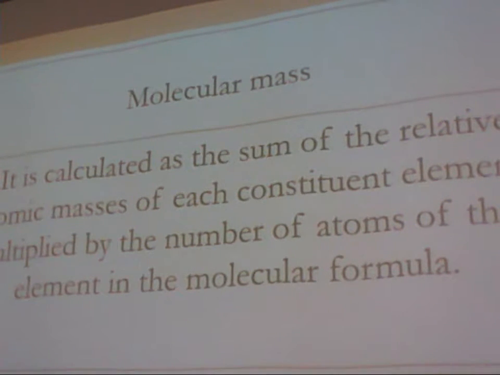Now I'm going to show you a table of how to do it. You multiply the atomic mass by the number of atoms in the formula. And then you add everything. It's easy.